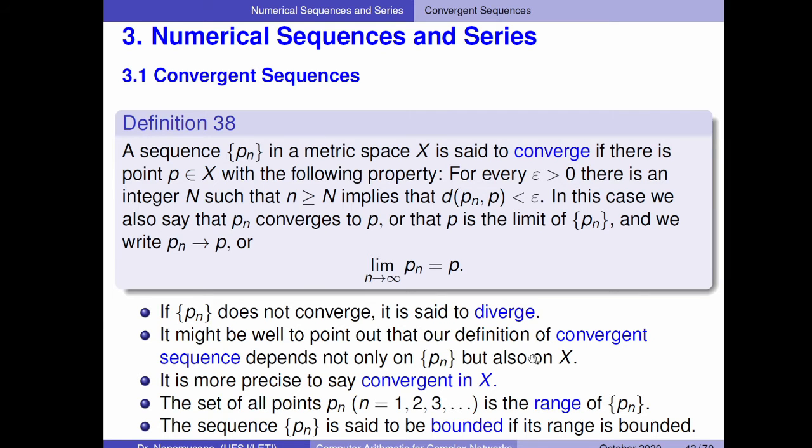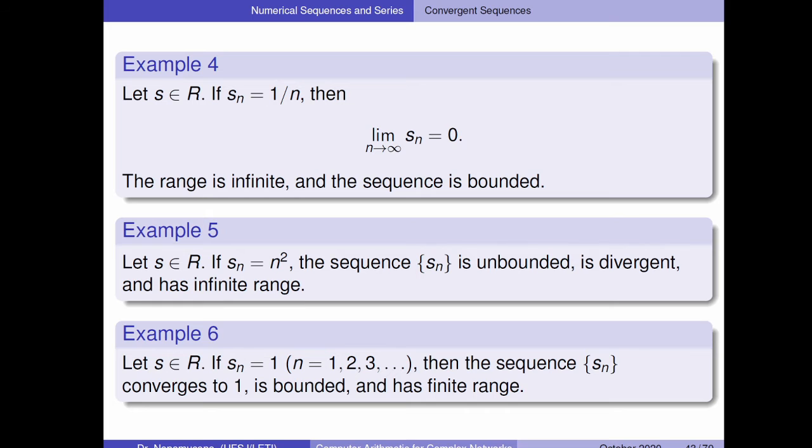The set of all points Pn, when n goes to 1, 2, 3, and so on, is the range of Pn. The sequence Pn is said to be bounded if its range is bounded. So here is just an example. When you have Sn equals 1 divided by n, then we get the limit, of course, going to 0.